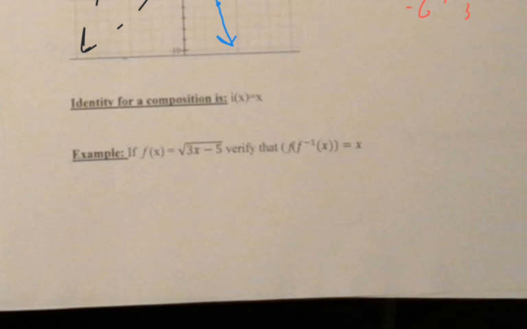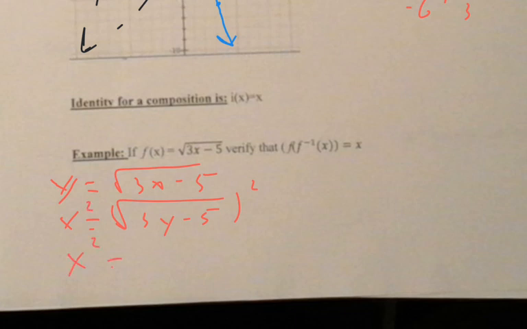So we have f of x equals the square root of 3x minus 5. Our first step is to rewrite this as y equals the square root of 3x minus 5. Now we switch x and y. We have x equals the square root of 3y minus 5. We'll square both sides. You get x squared equals 3y minus 5.